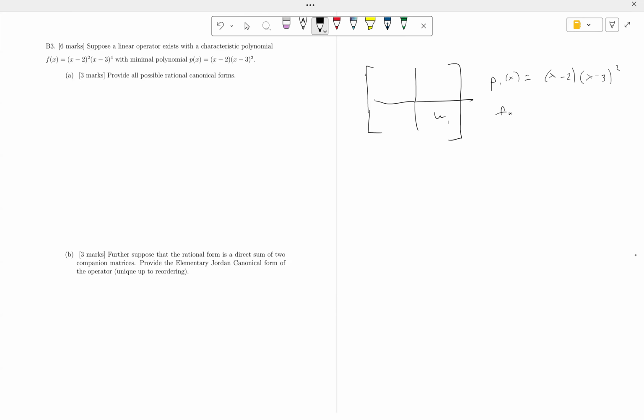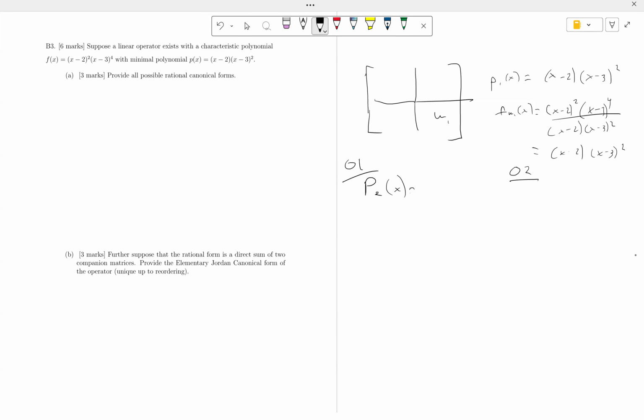Now, f of W1 of x is going to equal (x minus 2) squared (x minus 3) to the 4 over (x minus 2)(x minus 3) squared. This is going to equal (x minus 2)(x minus 3) squared. From here, I've got two options for P2 of x: option 1 and option 2.